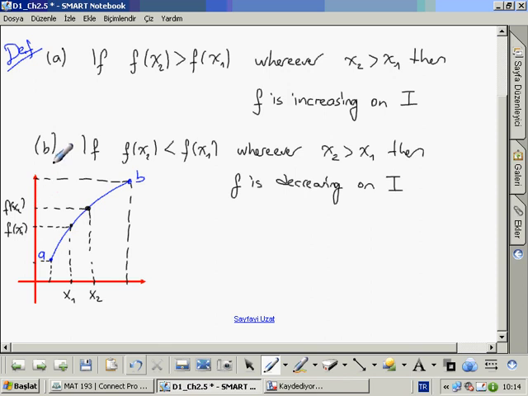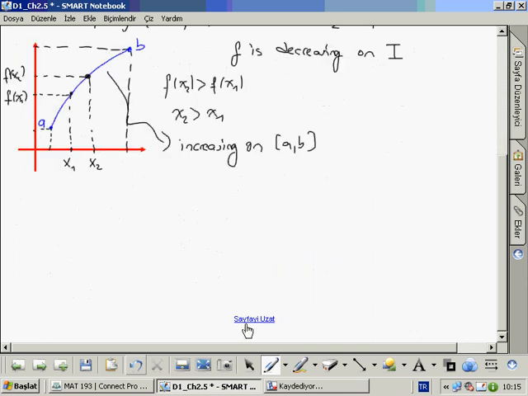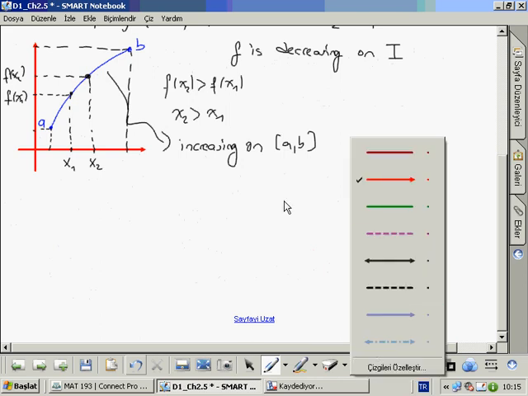As you see, f of x2 is larger than f of x1 wherever x2 is larger than x1. So this function is increasing on the interval a comma b, we can say that.